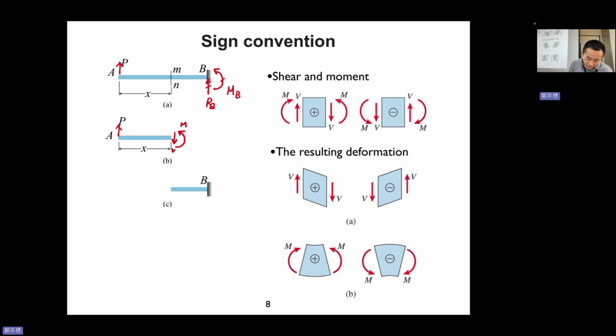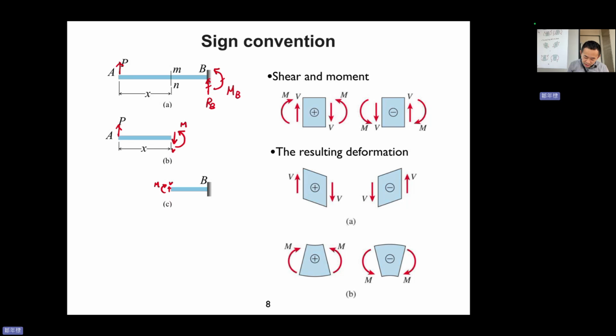Okay, if you took my course with effort, you know that the opposite side of the right-hand side will have an upward V, and the other side of M clockwise.